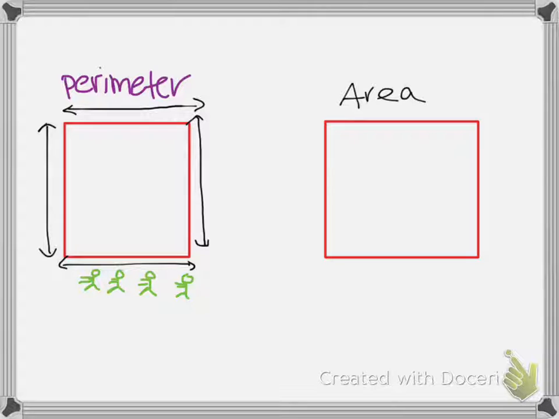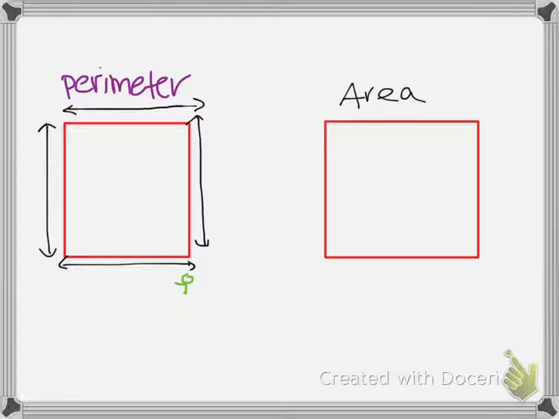When you're doing the perimeter, you're adding all of the outside of the square. Remember, you got to protect the square. You got to find the perimeter. Okay? So what that means is we are finding and adding.